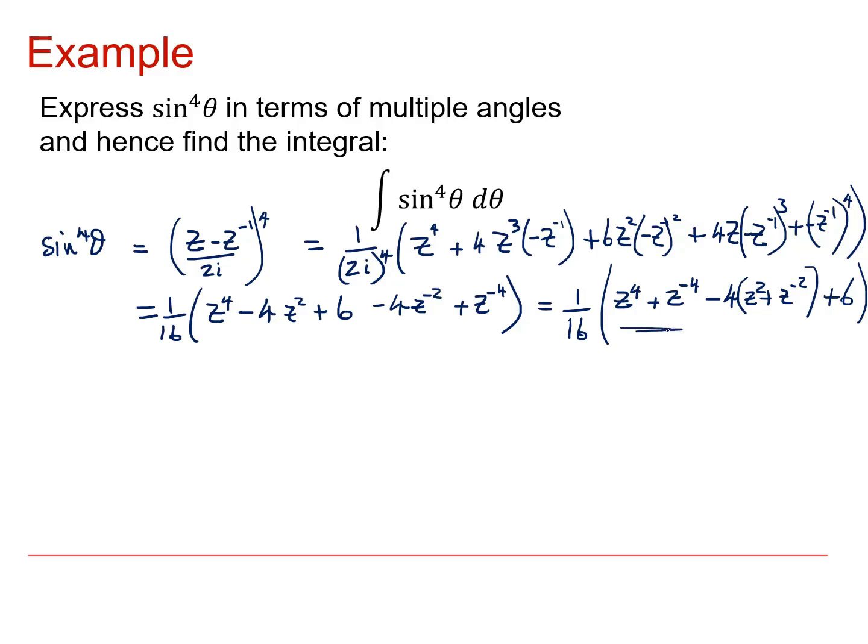Now this thing here is just 2 cos 4 theta, and this thing here is just 2 cos 2 theta. So sine to the power 4 becomes 1 over 16 times 2 cos 4 theta minus 8 cos 2 theta plus 6.